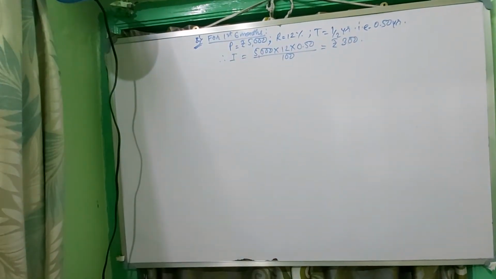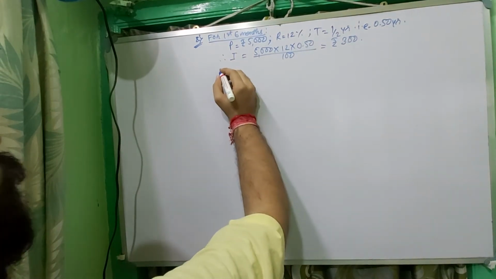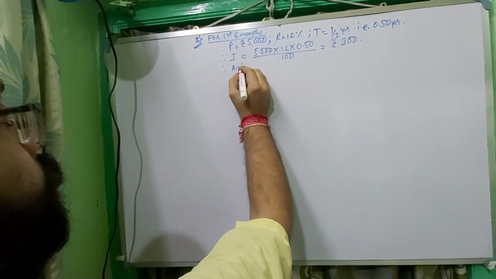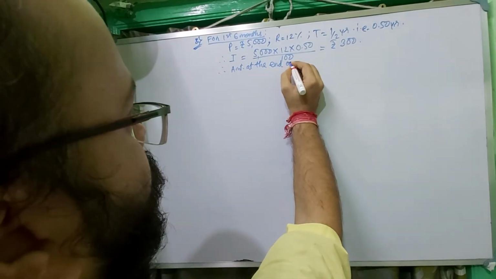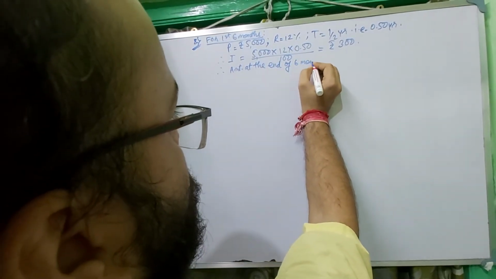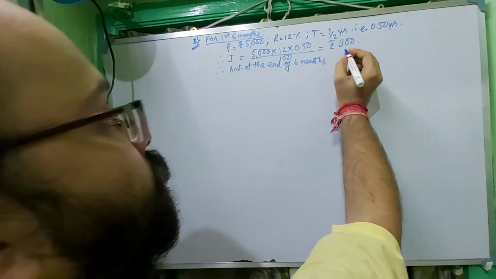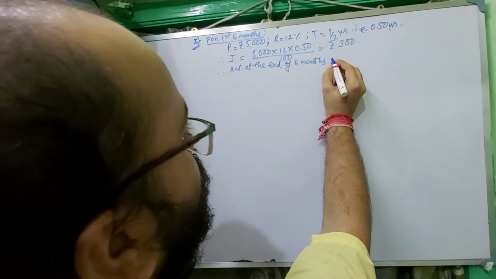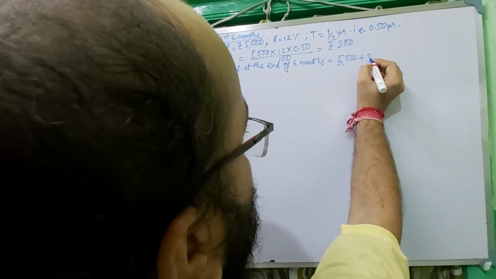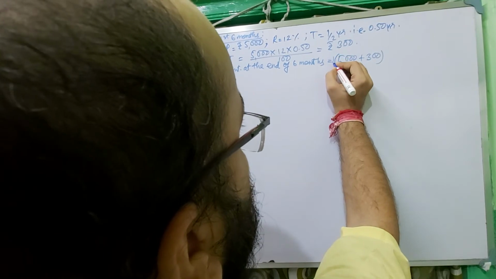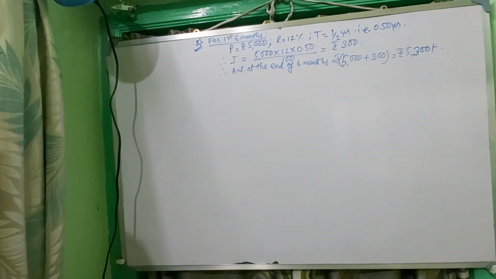Therefore, the amount at the end of 6 months is 5,000 plus 300, rupees 5,300.